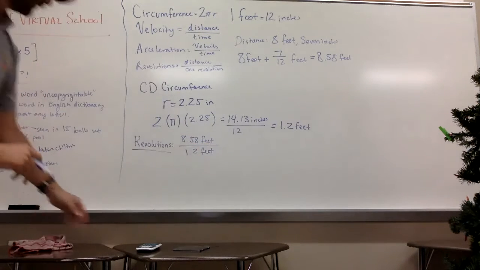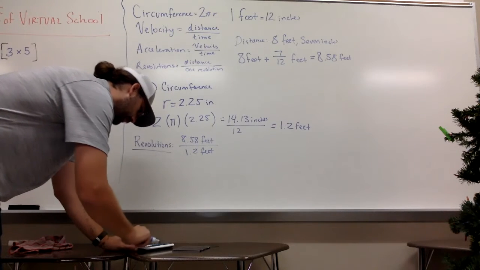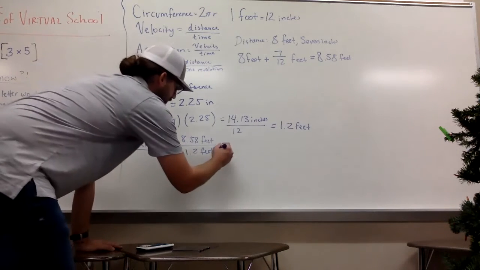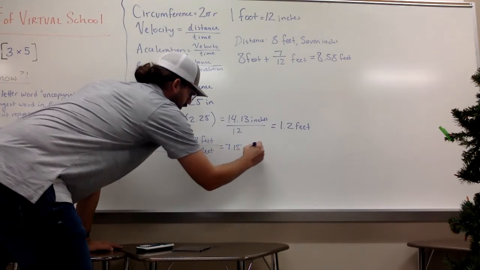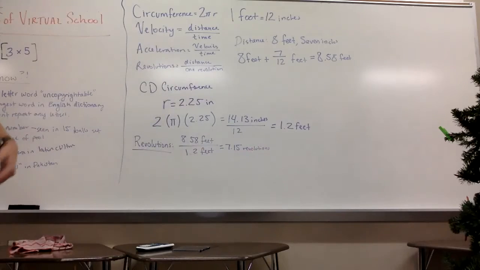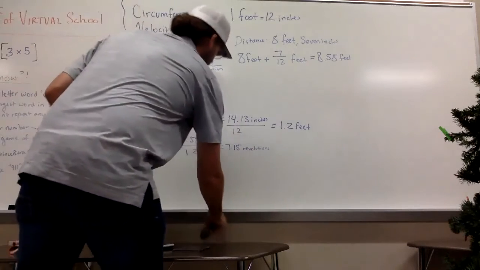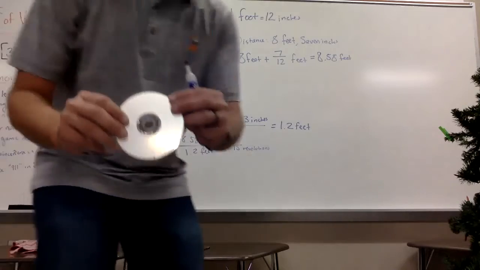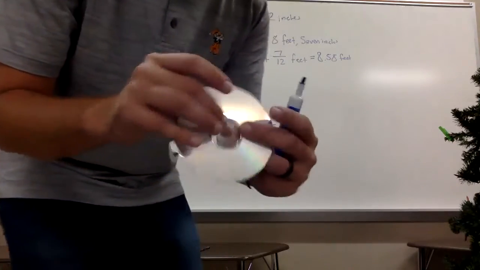I make this calculation and I get 7.15 revolutions. That means as the car was going for those 8 feet, it spun 7.15 times.